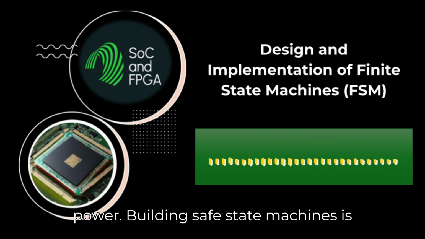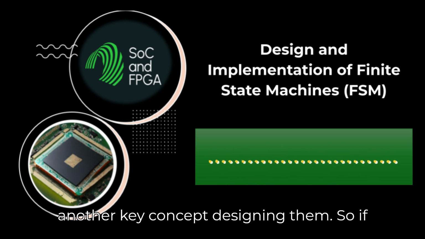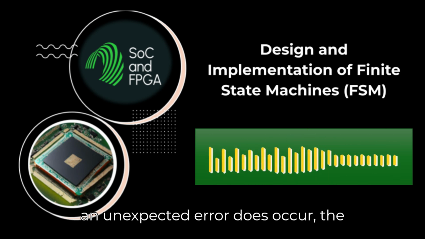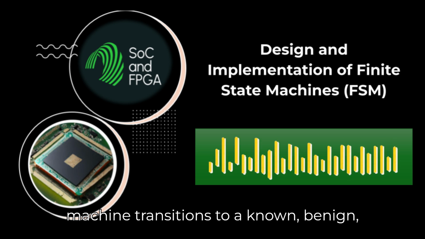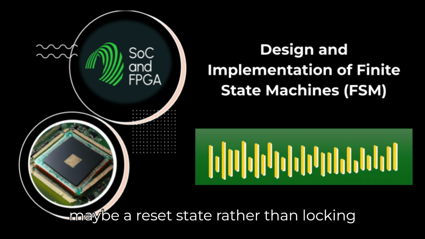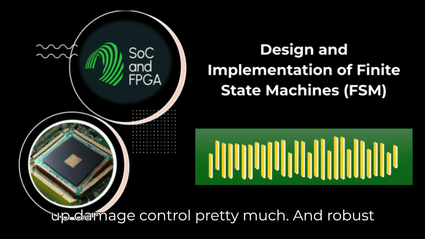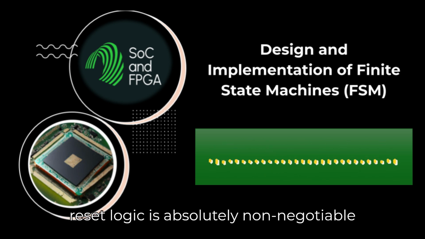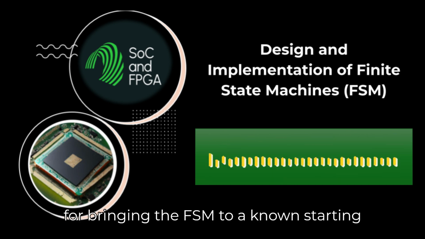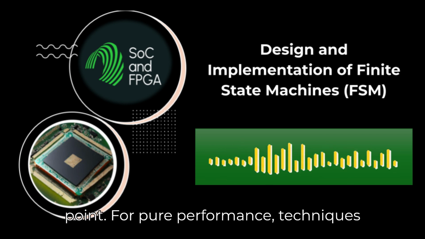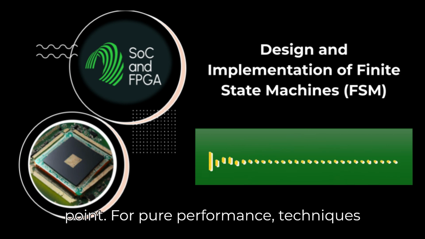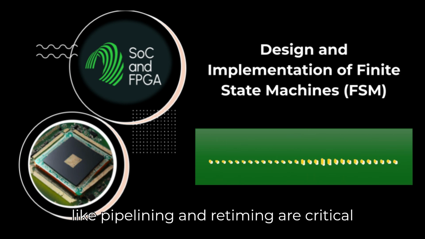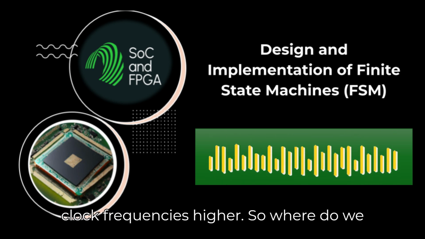Building safe state machines is another key concept, designing them so if an unexpected error does occur, the machine transitions to a known, benign state, maybe a reset state, rather than locking up. Damage control. Pretty much. And robust reset logic is absolutely non-negotiable for bringing the FSM to a known starting point. For pure performance, techniques like pipelining and retiming are critical for breaking down logic paths and pushing clock frequencies higher.